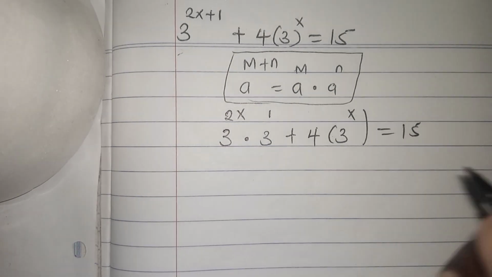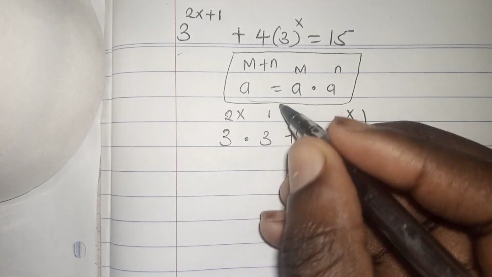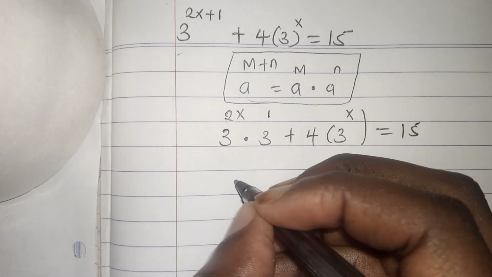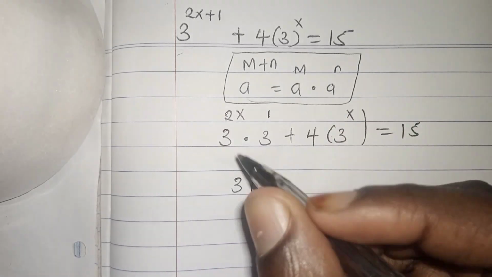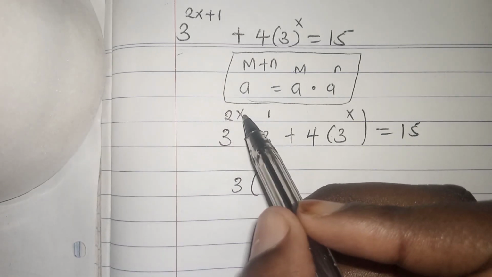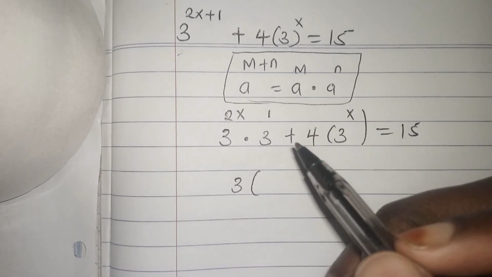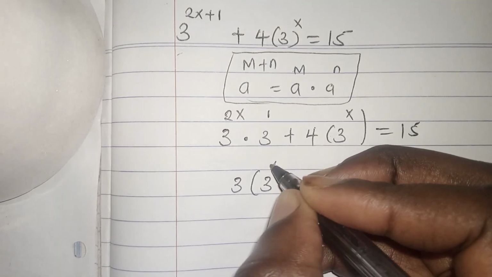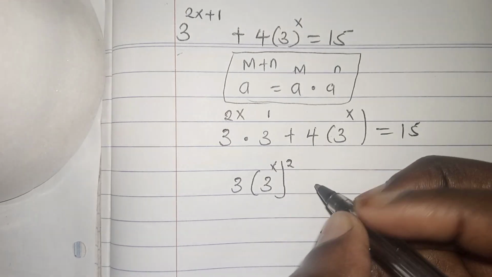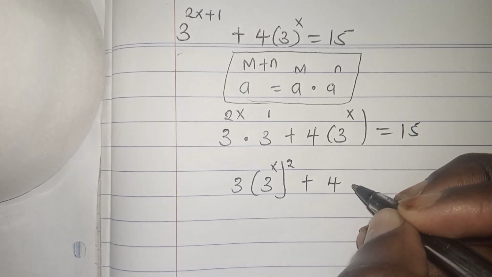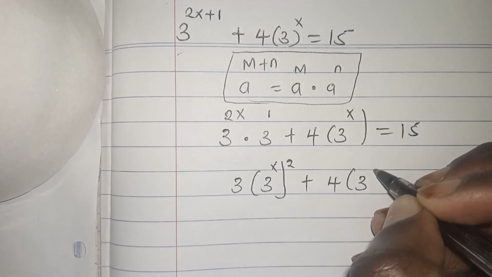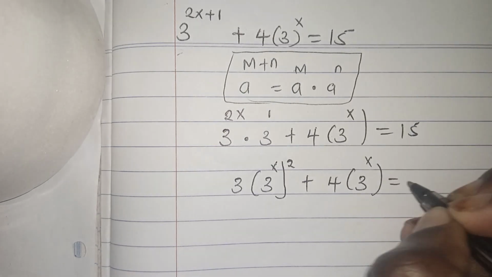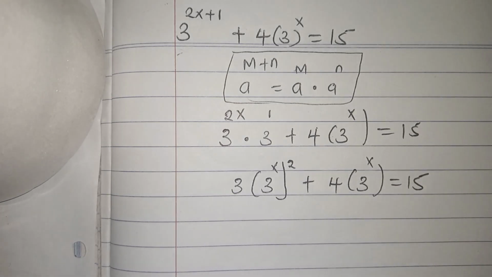Okay, our next step. This 3 to the power of 1 is 3. So 3 into, we are going to exchange these exponents here according to one law of exponential rule. So this will be 3 into 3 to the power of x, all this squared, plus 4 into 3 to the power of x is equal to 15, right?